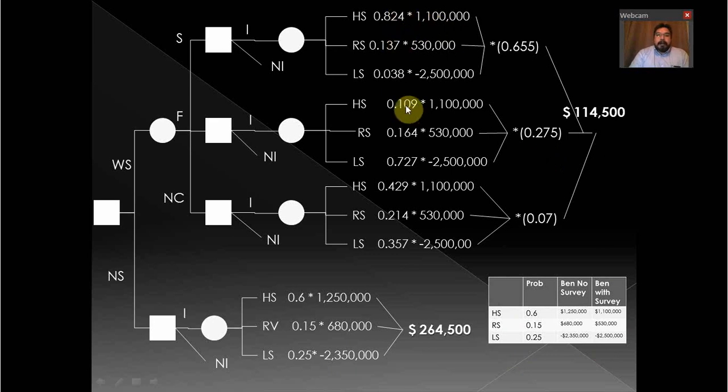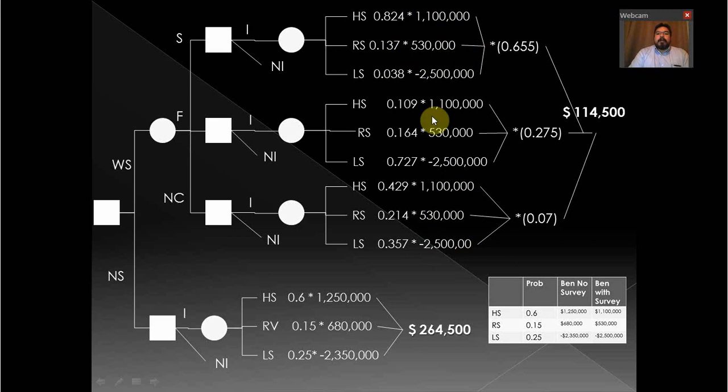Okay, doing these calculations, we have this result. These are the probabilities, these are the conditional probabilities that we already calculated. These are the expected benefits applying the survey. In this case, it's for high sales, regular sales, low sales, and the same applies with the branches of failure and non-conclusive results.